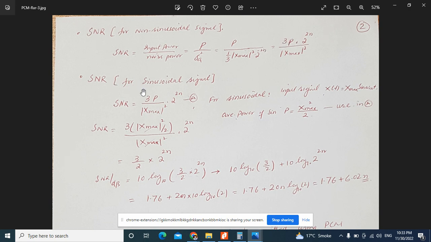But if the signal is sinusoidal, then in that case you can calculate the SNR. We know that it is this one, so 3P divided by x max whole square multiplied by 2 raised to power 2n. So say this equation is A. And we know that for sinusoidal, the input signal is usually x max sin omega mt or cos omega mt. And we know the formula of the average power, that is the amplitude square divided by 2.